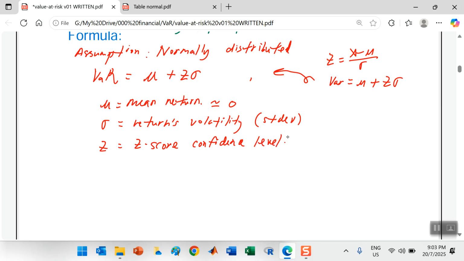So for 95%, the Z value is 1.645. Okay, so this is just gotten from the statistical table.